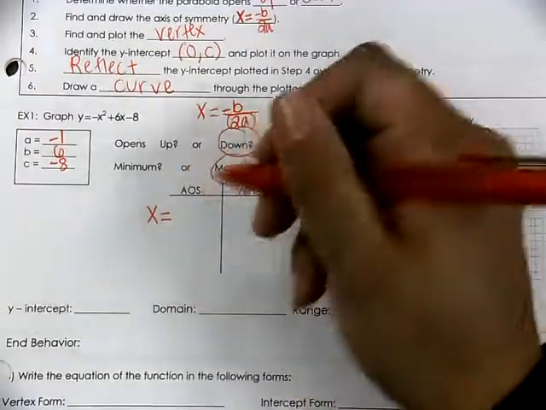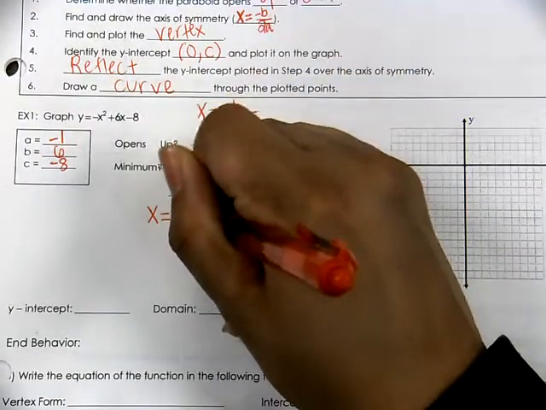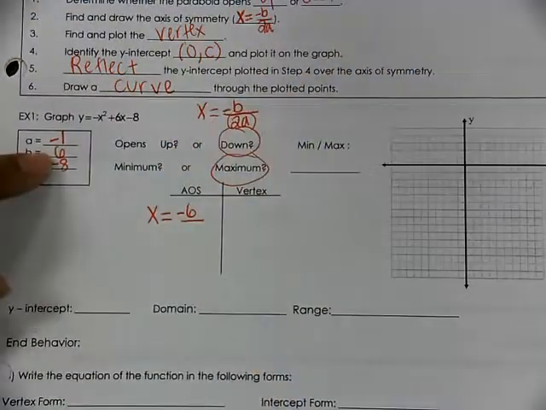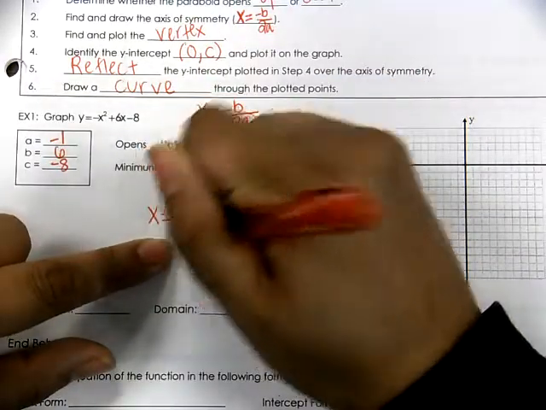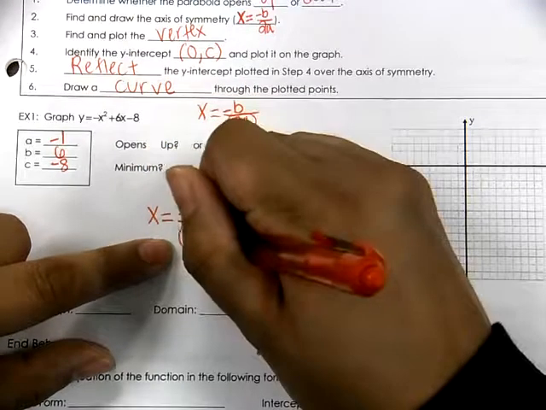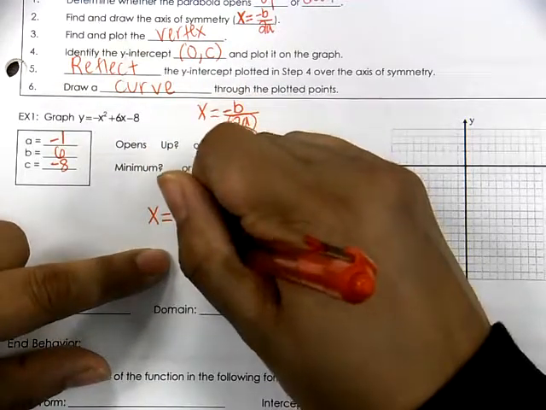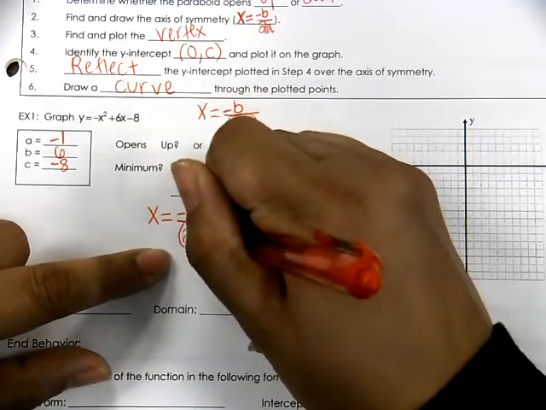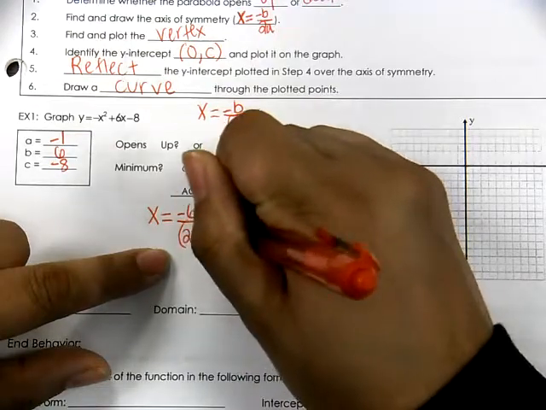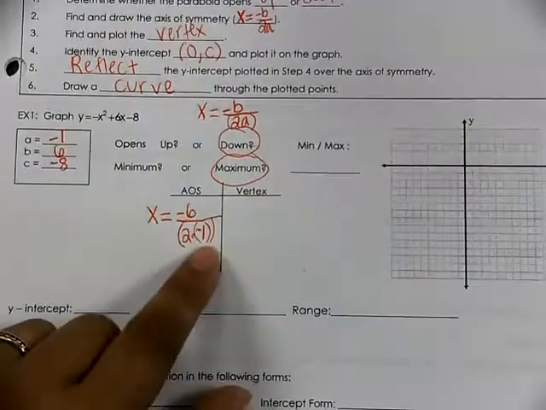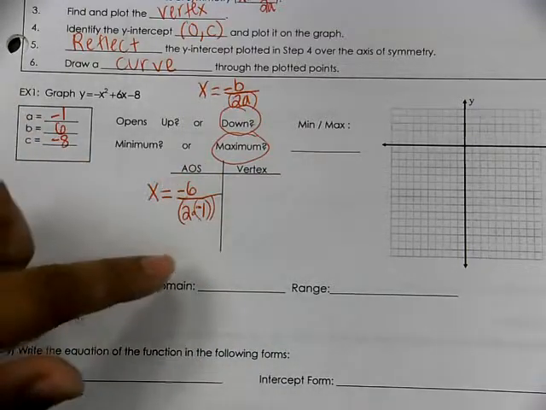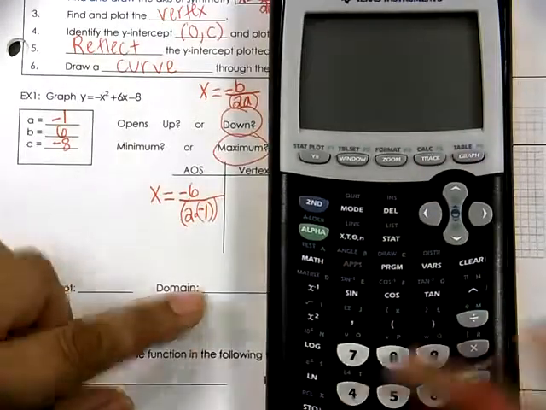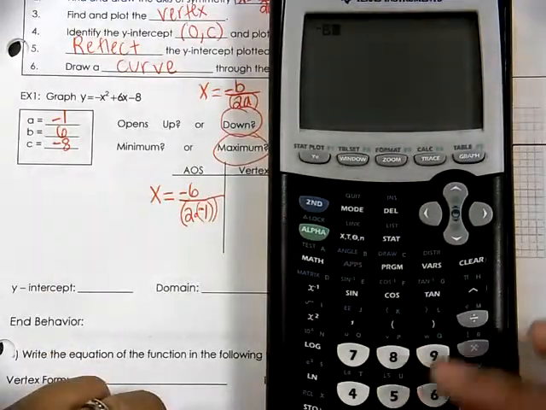So here's what doing it in 2 steps would look like. You would do -6, because remember b is 6, divided by, and I'm going to put parentheses around the bottom, 2 times -1. Usually when I put a negative, I put parentheses around that as well, so I kind of have 2 sets of parentheses here. This is how you would type the whole thing into a calculator. But you don't always have to type the whole thing in.